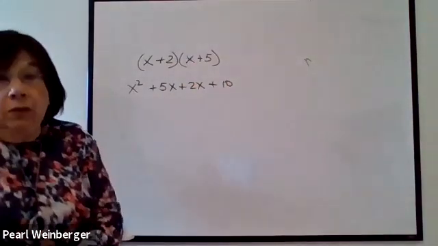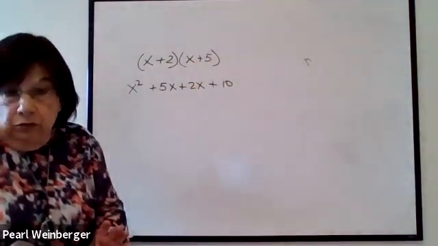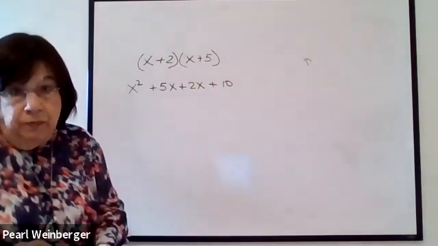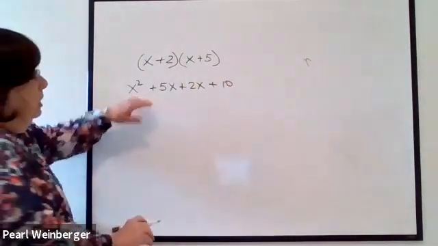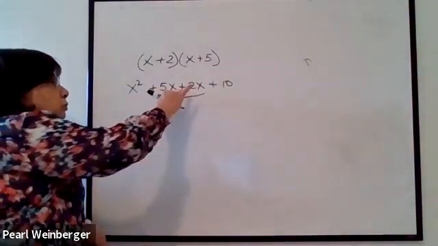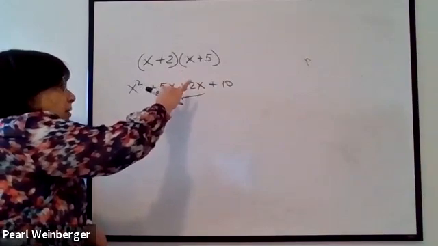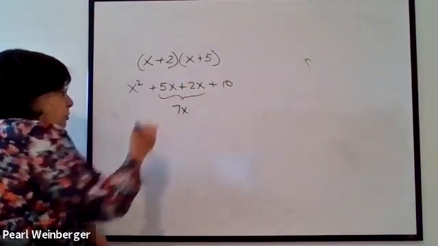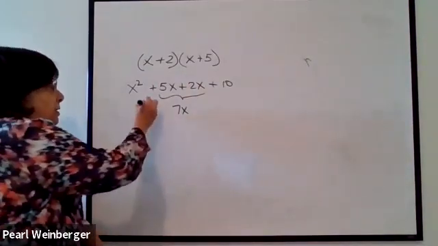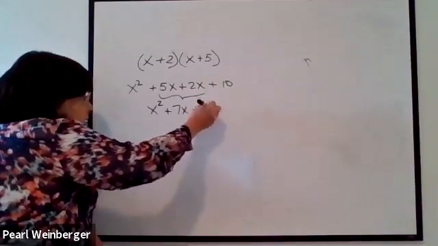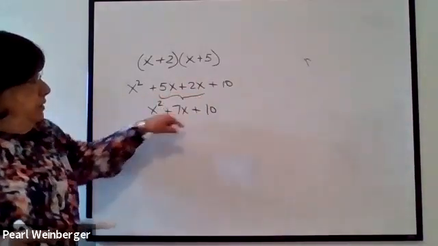Actually, whenever we multiply 2 binomials, we end up with 4 terms. Except usually what happens is the 2 middle terms, the inner and the outer, are like terms, and they can be combined so that we end up with x squared plus 7x plus 10, which is a trinomial.